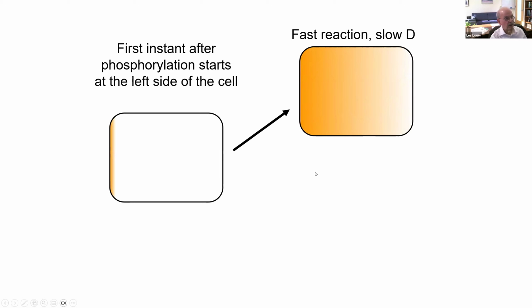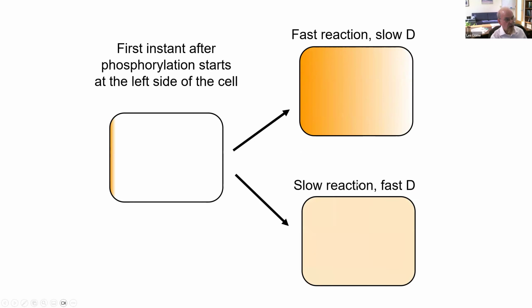If you have a slow reaction and fast diffusion, then even though there are molecules being produced here, they're diffusing so fast that they're filling up the cell uniformly. And you can consider this system without worrying about diffusion.